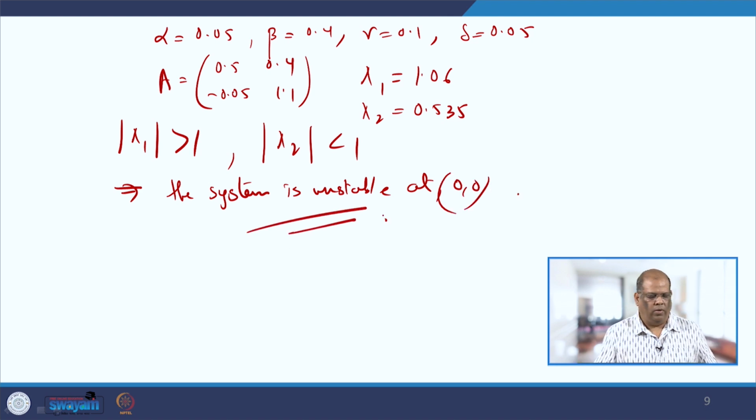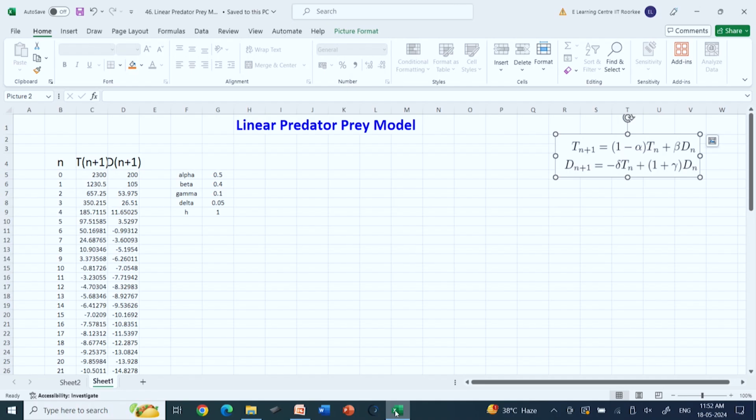Now, let us look into the numerical solution using Microsoft Excel. We just see whether our analytical result matches with the numerical one. So, I open the Excel sheet. I will quickly copy this one.